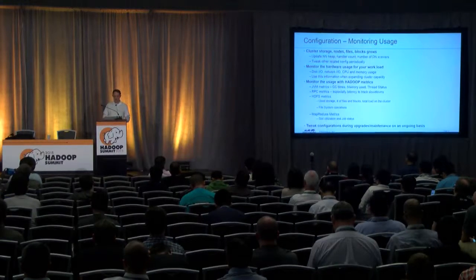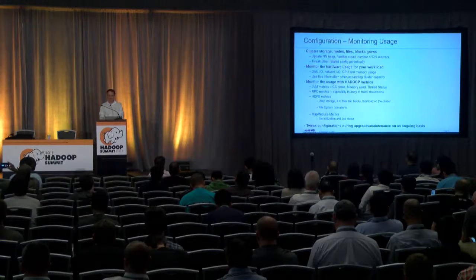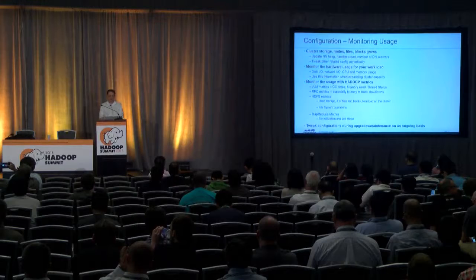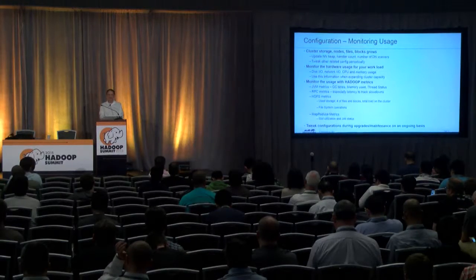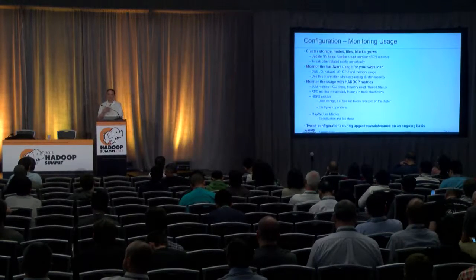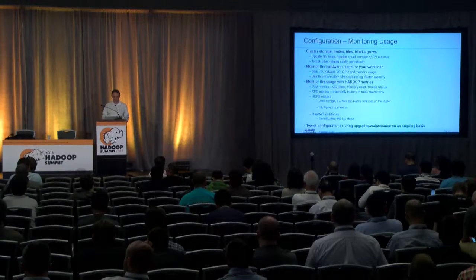There are some pure JVM metrics to be aware of, which are garbage collection related and memory related. These are very useful for pretty much any Java application. And these are another way to look at, in addition to the garbage collection log that I mentioned, a more online way of looking at that information, something you can monitor.